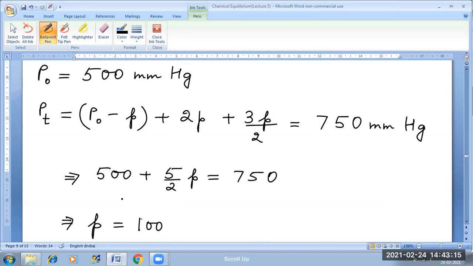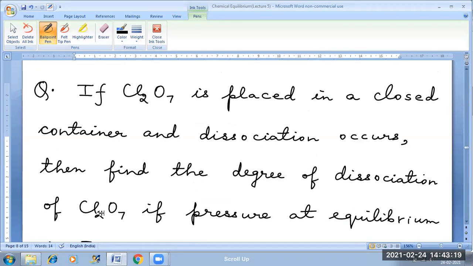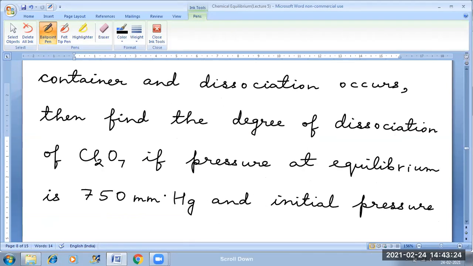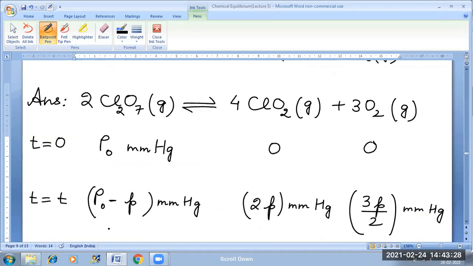Now coming to degree of dissociation. It says find the degree of dissociation. Look at the reaction here. So degree of dissociation will be what? Partial pressure decomposed upon initial partial pressure.